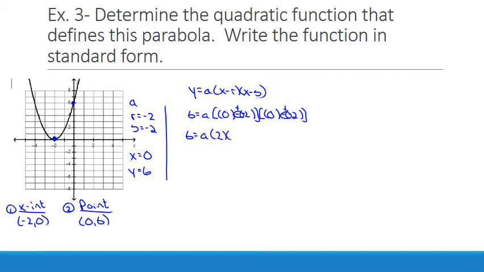This is a plus, 0 plus 2 is 2. 6 equals 4A. Divide by 4, divide by 4. A equals 3 over 2, so there you go. Just so you know, you definitely can have fractions or weird values as your A value. So again, that was step 3. That was solving. Step 4 is actually just writing it out in factored form.